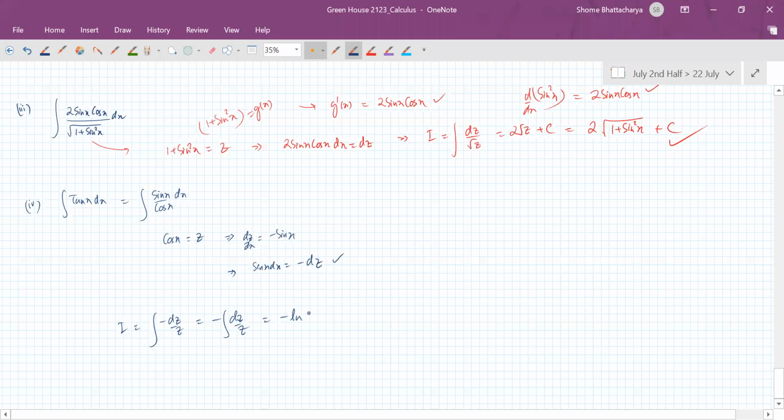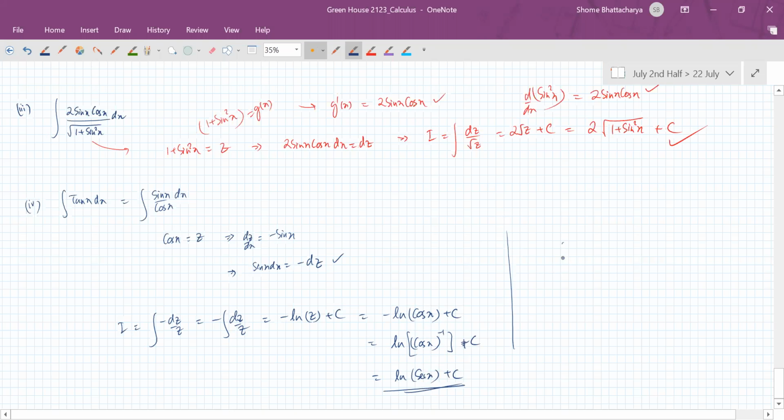That is minus ln z plus c. So that is minus ln z, where z was cos x, plus c. Now that is nothing but ln of cos x to the power minus 1. So that is ln of sec x plus c.